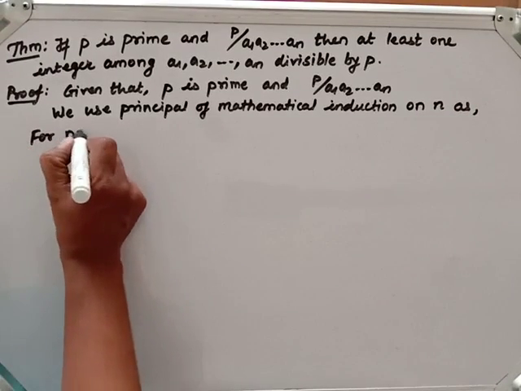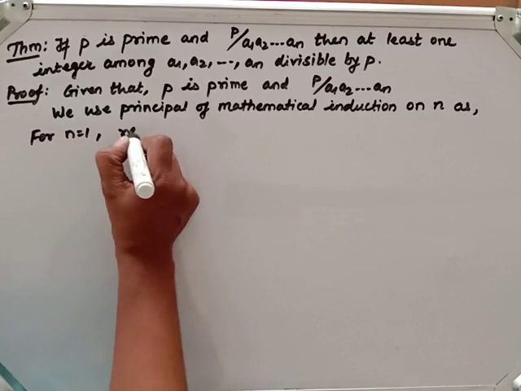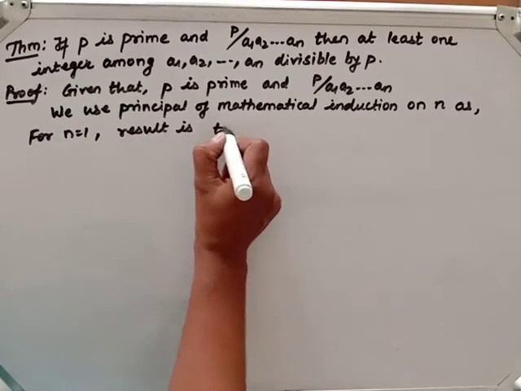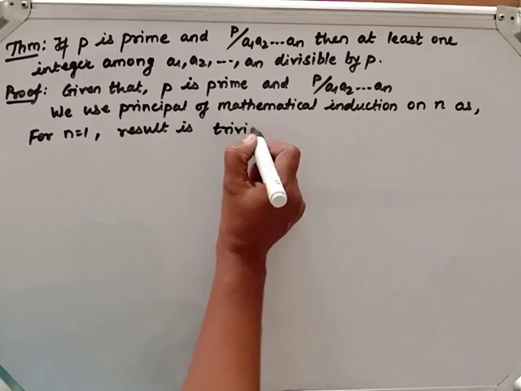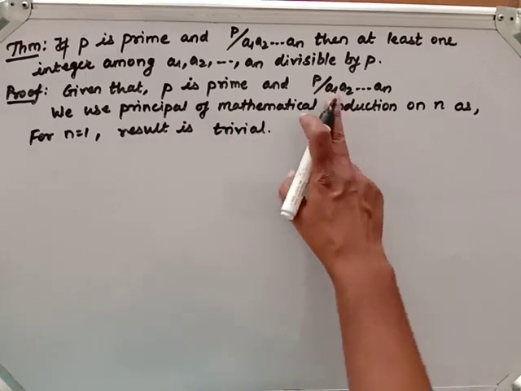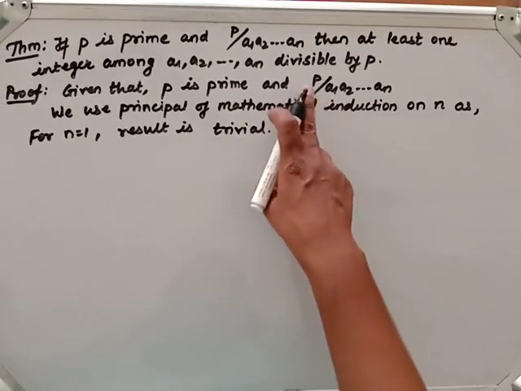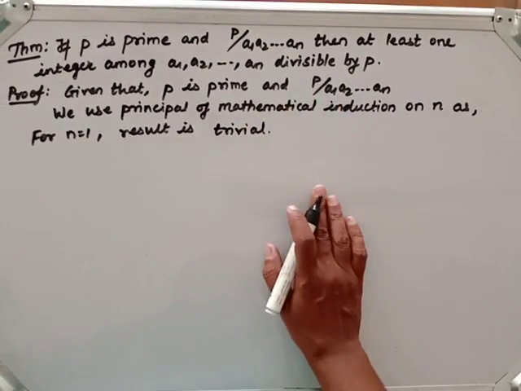For n equal to 1, the result is trivial. Clearly, if n is 1, then only one integer is here. P is a prime and P divides A1.